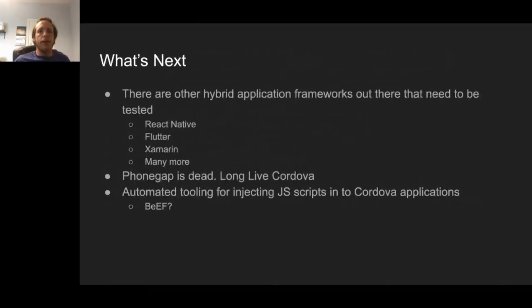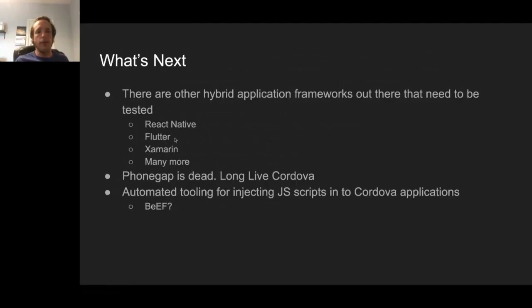So as far as what's next for Cordova applications, there's a lot of other frameworks out there that are similar to Cordova that I'd like to dig into and see what kind of vulnerabilities are present in those. React Native is getting super common, and you can actually build a React Native application with Cordova. Flutter, I have tried to test one Flutter application, and it's complicated.